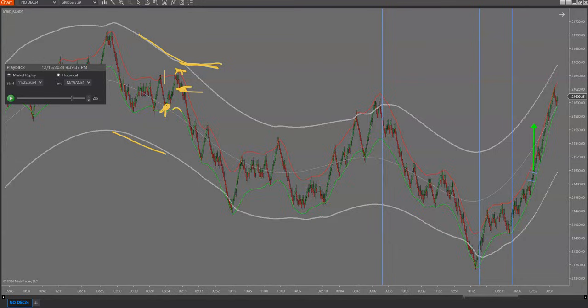Now I'm in the trade. What I like about this is my entry positioning: I'm in that area of price that is above the mid band to be a seller. If I want to be a buyer, I want to buy below the mid band. So does that make sense?